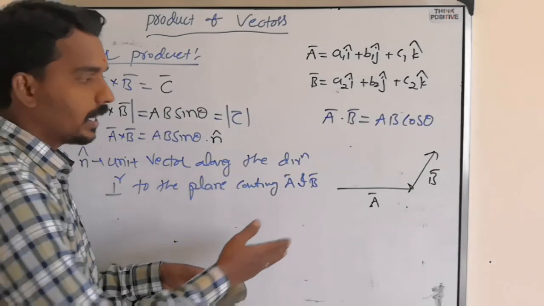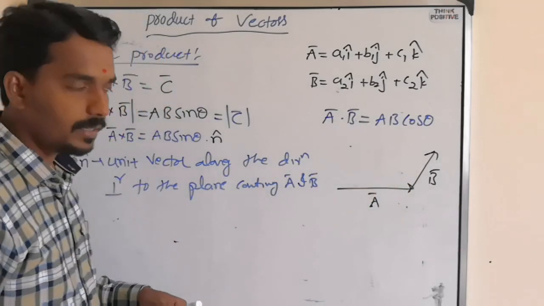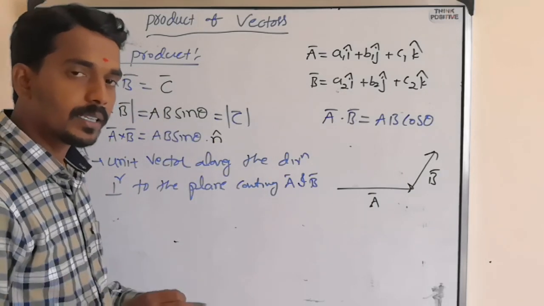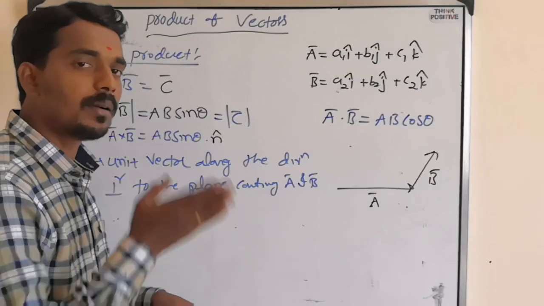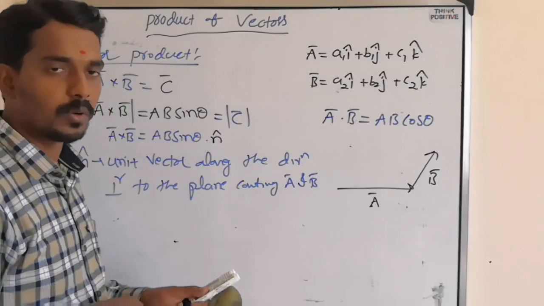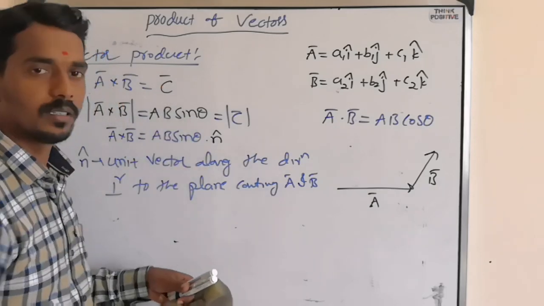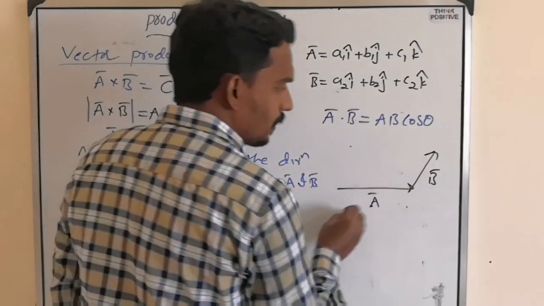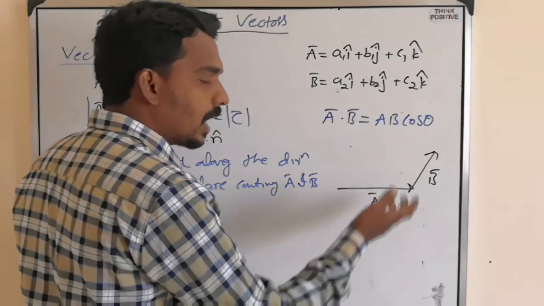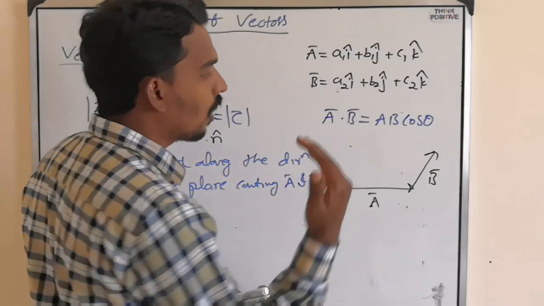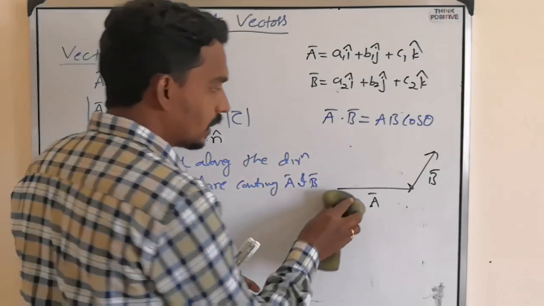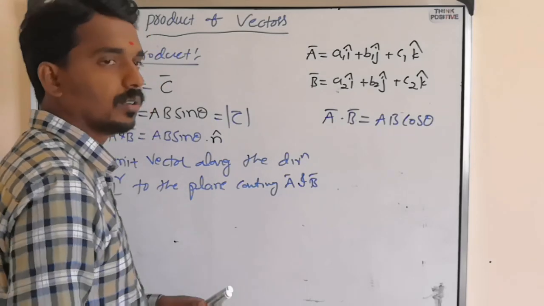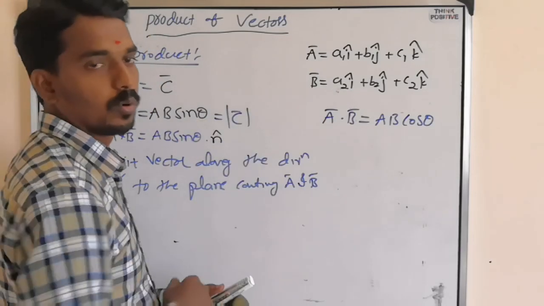For example, if A bar and B bar are in the xy plane, then this is along the z direction. But the z direction can be plus k cap or minus k cap, negative or positive. So how do we decide? Or if you consider A bar and B bar like this, then A bar cross B bar may be outward or inward. You can find that from another rule, the right hand thumb rule.